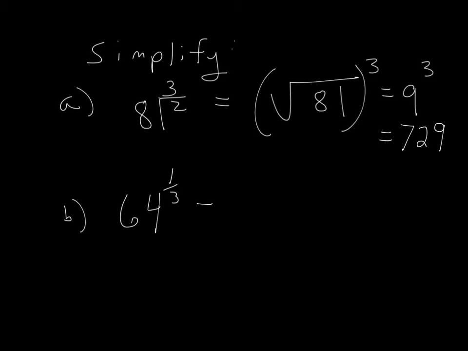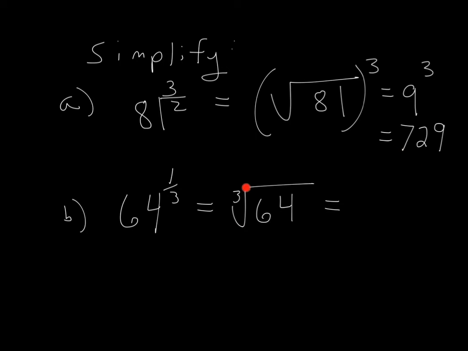Next one. This is just going to be 64 inside the radical. The denominator becomes the root, so now we are going to write that little 3 there. And then the first power, the numerator is a 1. We don't really need to write a 1 there, so we'll just leave it like that. And now we have to ask ourselves, what number, remember this is still just numbers, so we can have an answer to the problem, just like we had 729 here.